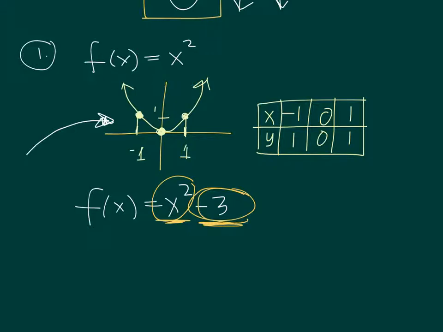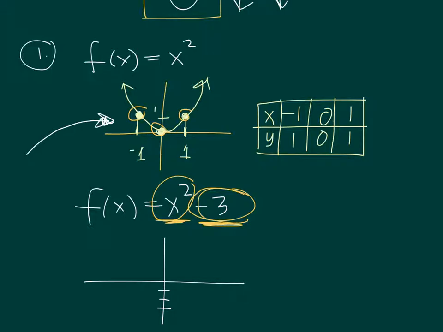So that's a movement 3 units down. So all the points that we identified here, these 3 points, will be moved 3 units down. So if I graph f of x equals x squared minus 3, the graph of x squared will be moved 3 units down. So a minus 3 means 3 units down.